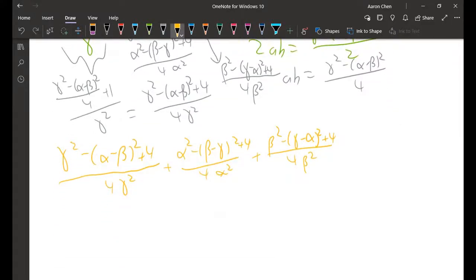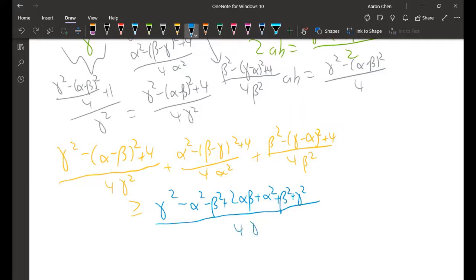And so next, we already know that alpha squared plus beta squared plus gamma squared is at most 4. So then this is at least equal to gamma squared minus alpha squared minus beta squared plus 2 alpha beta plus alpha squared plus beta squared plus gamma squared over 4 gamma squared.